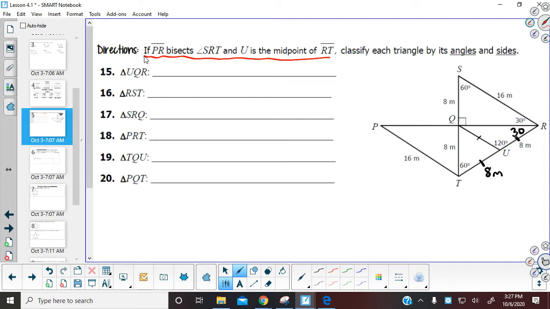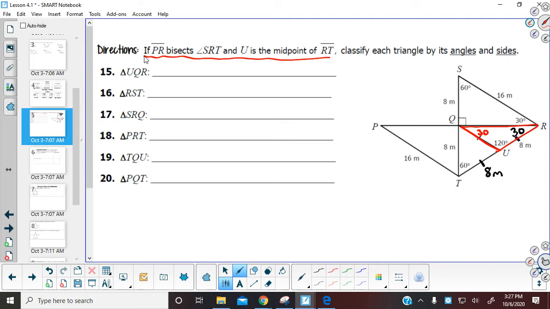So if we take a look at number 15 and we start classifying these triangles, we have triangle UQR. If you notice, those little tick marks on the sides indicate that those sides are congruent. If we use our knowledge of triangles, we know that this angle measure here is going to be 30 degrees, because if it's 120 and 30, all three of those have to add up to 180.